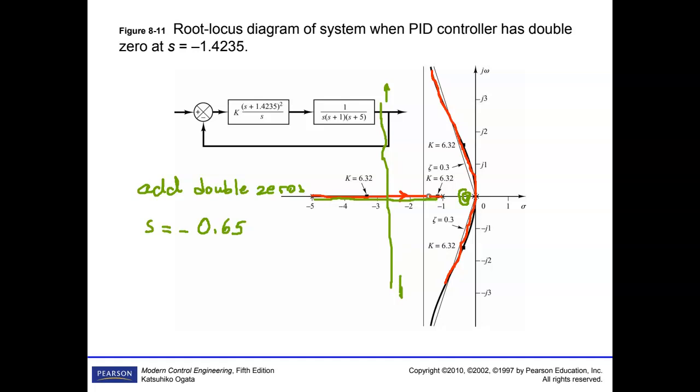So when you increase k, they come to here, and then you can select a correct point. For example, for 45 degree, for example, you can select. Yeşil istemiyorum artık. Siyah istiyorum.